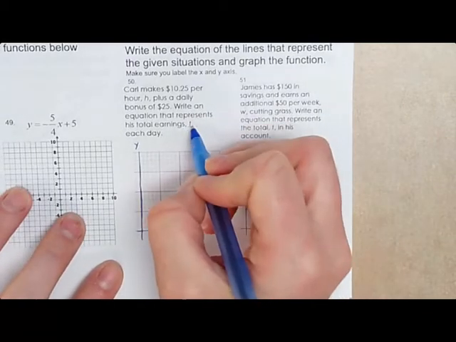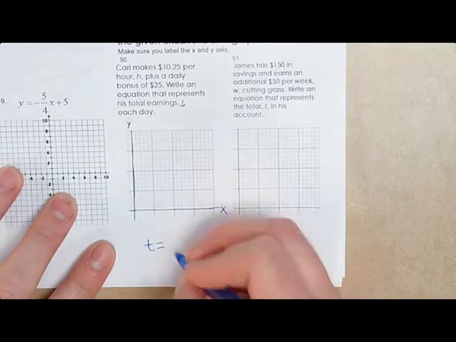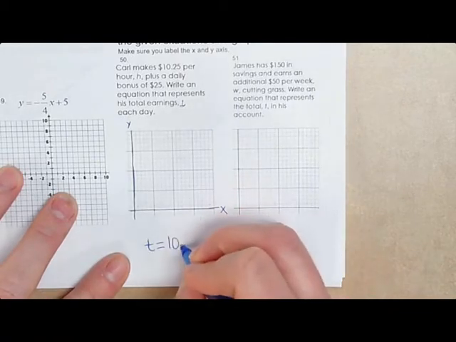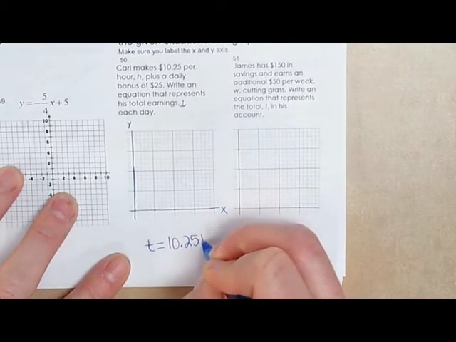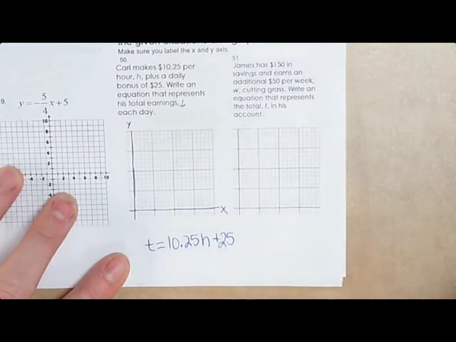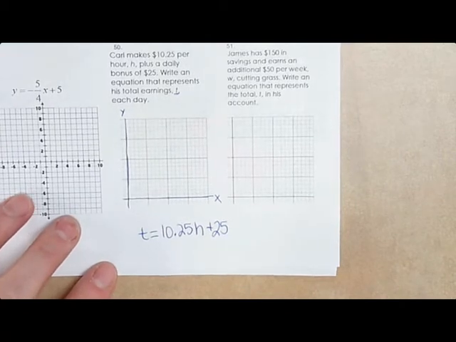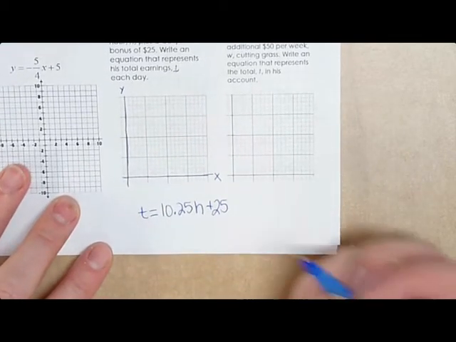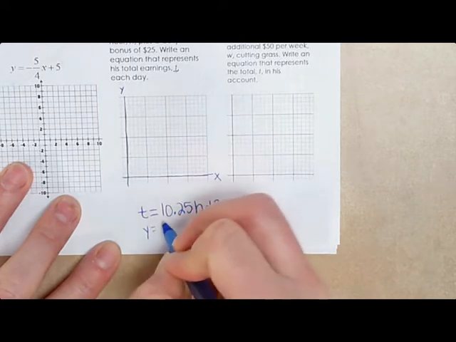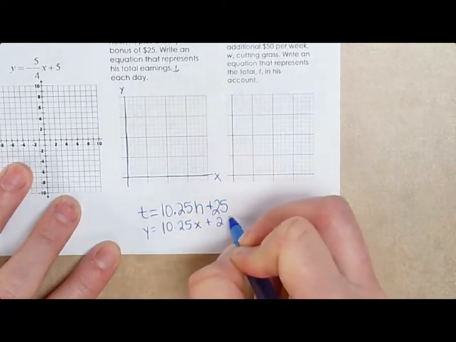So his earnings are T, so it'd be T equals $10.25 per hour, so $10.25H plus the bonus of 25. And we can rewrite that with x and y. So y equals 10.25x plus 25.